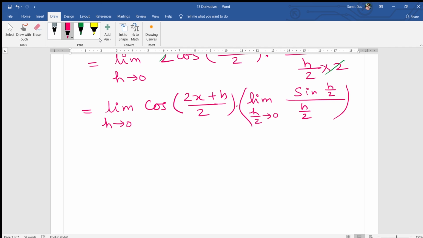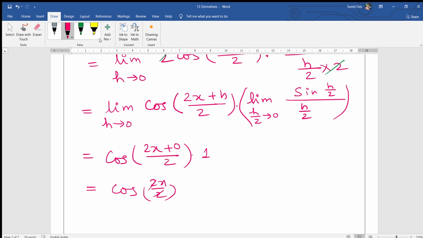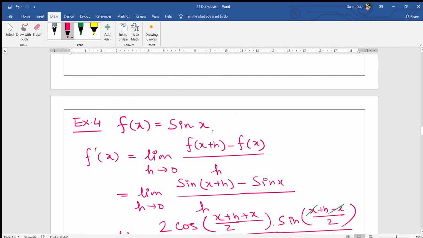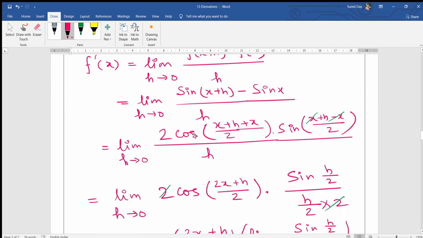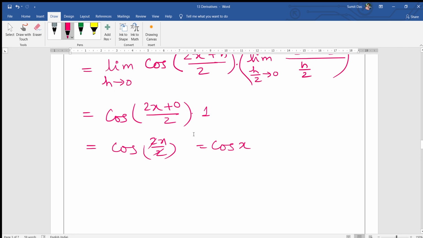So on the first part here I will directly put 0 because there is no h in the denominator, so it will be cos (2x plus 0) by 2, and this value will be 1. So it will be cos of 2x by 2, the 2s cancel, it will be cos x. So what did we actually get? We got derivative of sin x is cos x. That is the formula.